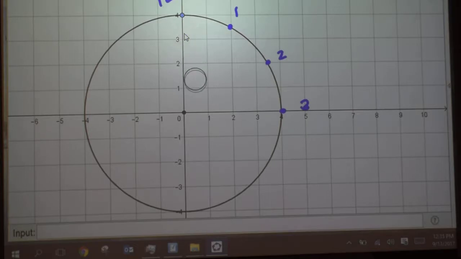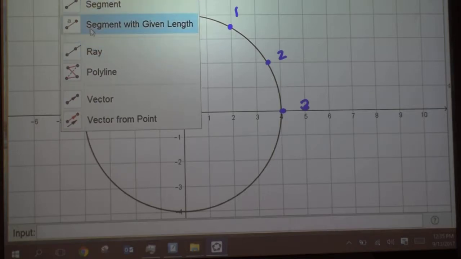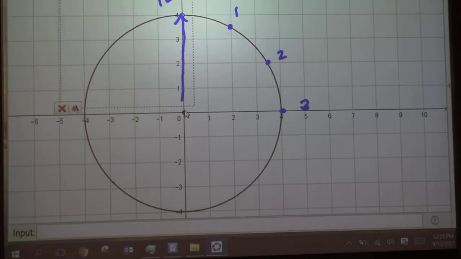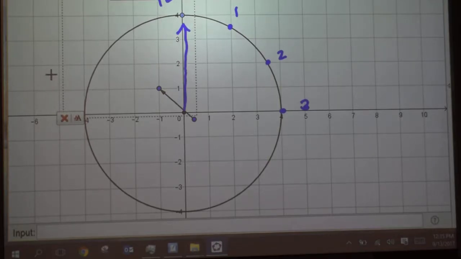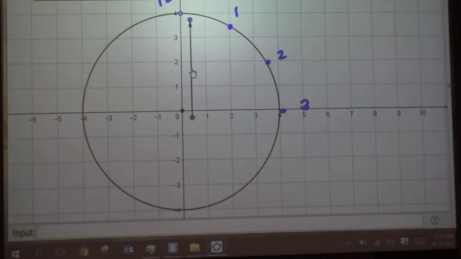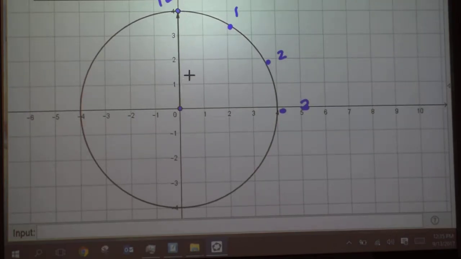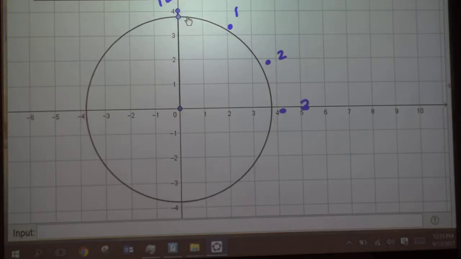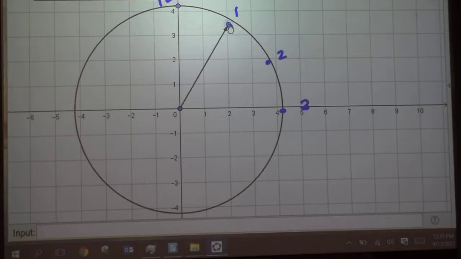Let's focus on our minute hand here. If my minute hand is at 12 o'clock, I want to think about the angle that is traced out when that minute hand goes to 1 o'clock.